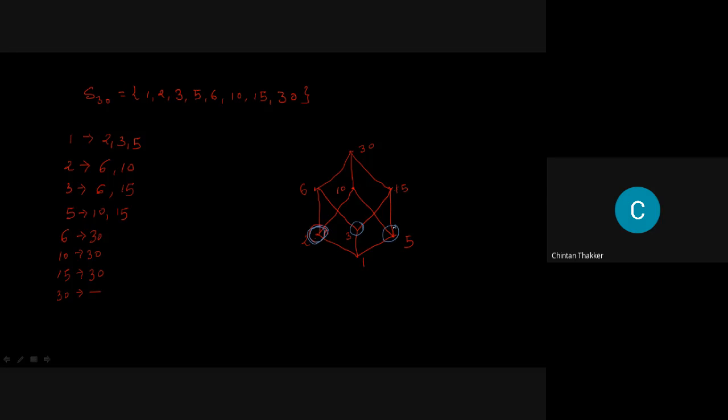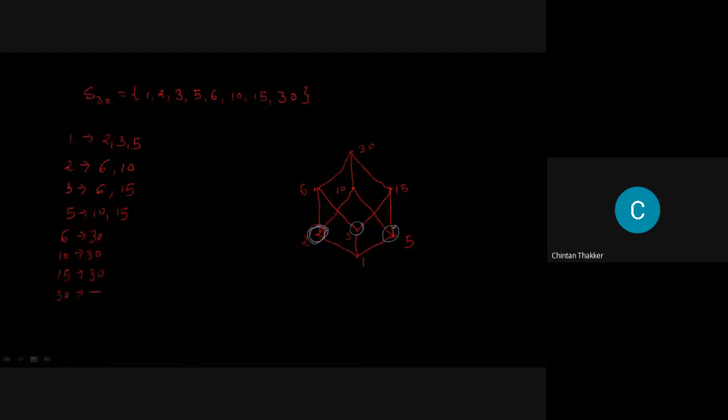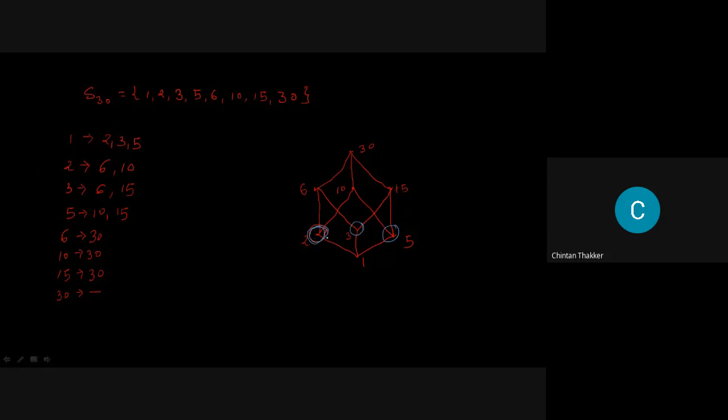So here 2, 3, and 5 are join irreducible elements. Say here at 6, two lines are coming. At 10, two lines are coming. At 15, two lines are coming. So these are not join irreducible elements.